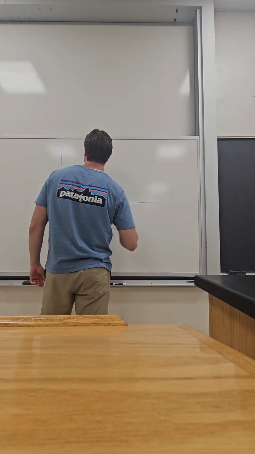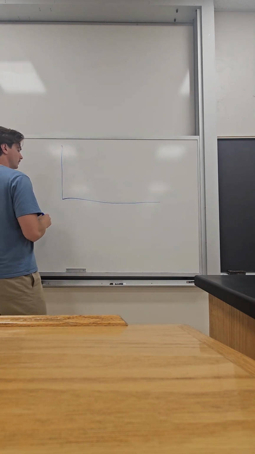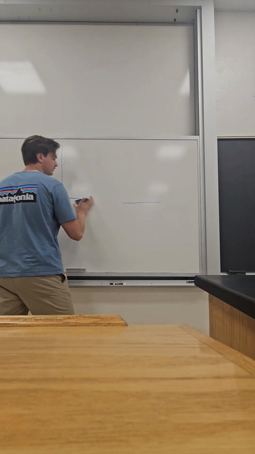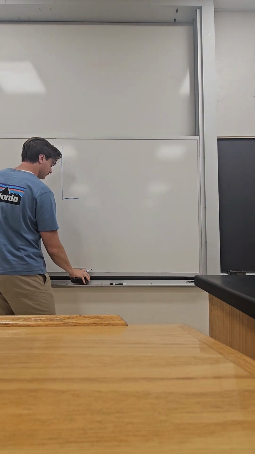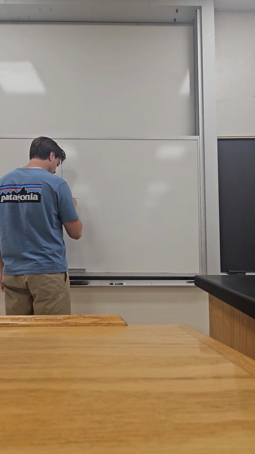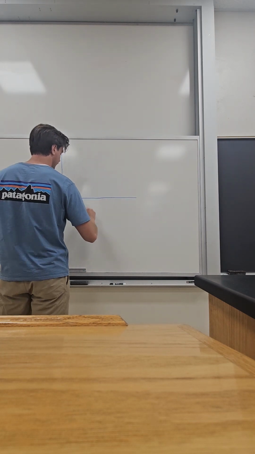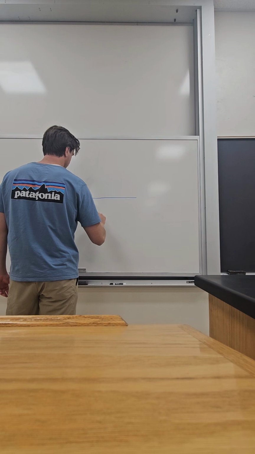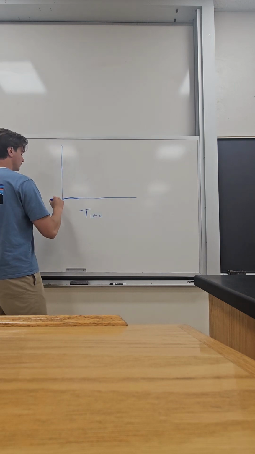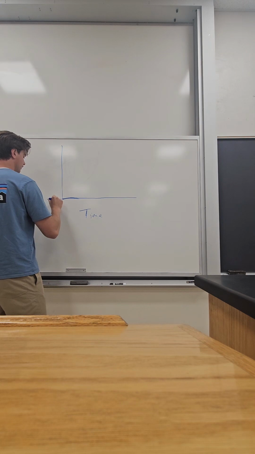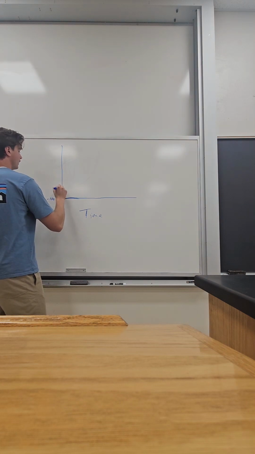Should look something similar to what we're used to. I'll make that a little straighter here. Okay, down here we have time. Here, our bottom will be negative 100 millivolts. Negative 80 right there.